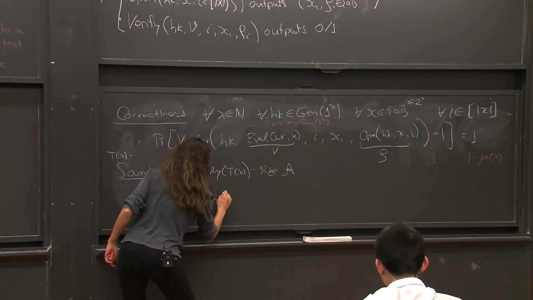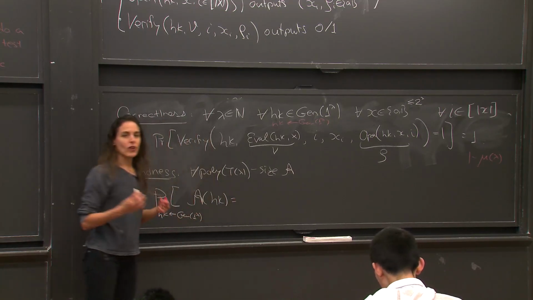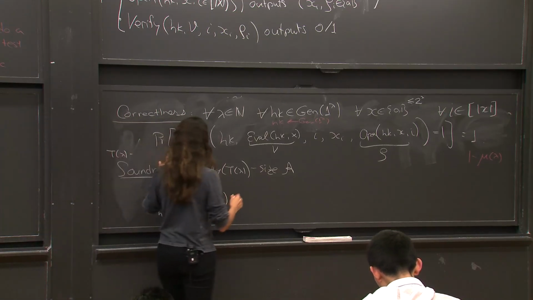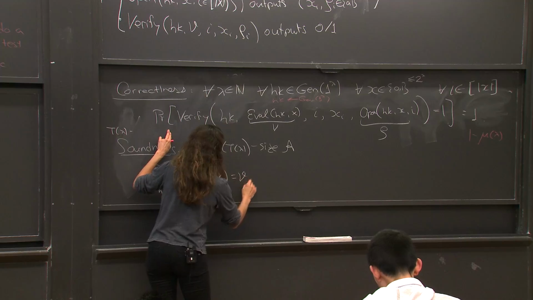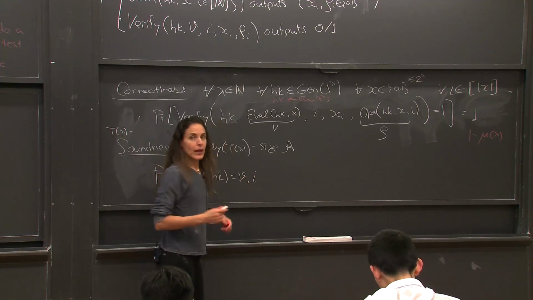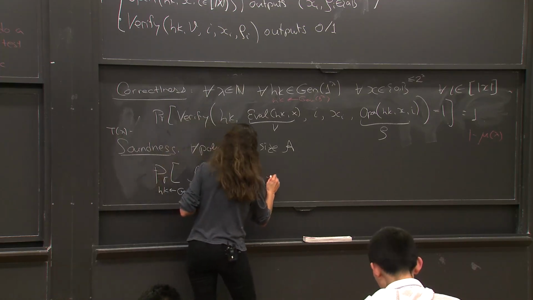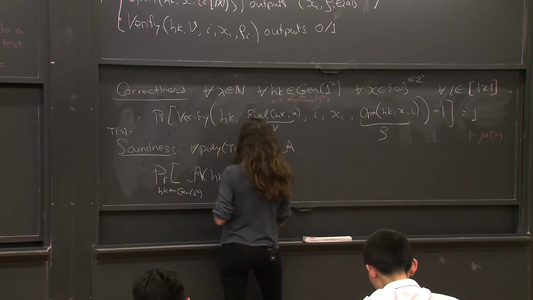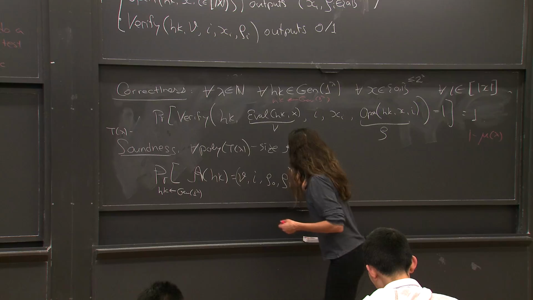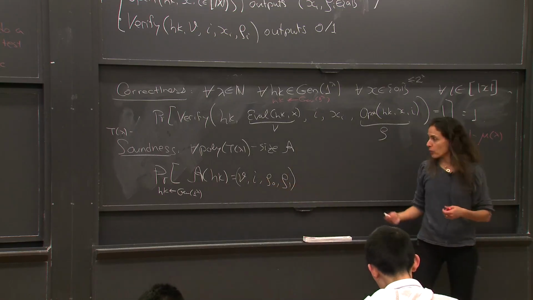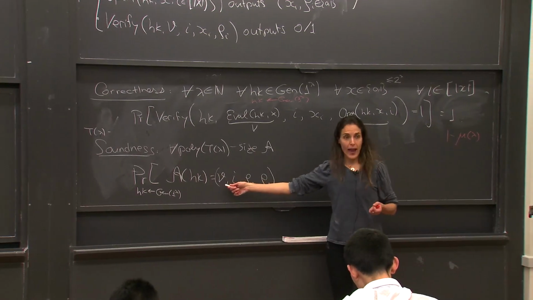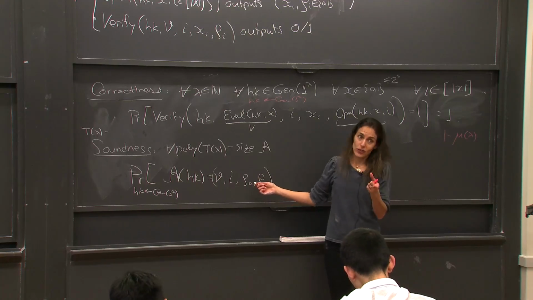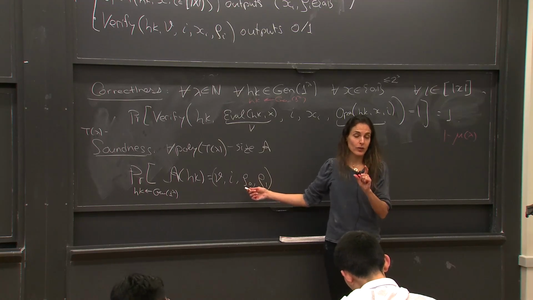Given the hash key, he tries to open some index in 2 different ways. His goal is to give you a hash value v, an index i, and a valid opening rho 0 that opens to 0, and a valid opening rho 1 that opens to 1. So the adversary gets a hash key and outputs a hash value, an index, and 2 openings for that index, one corresponding to 0, one corresponding to 1.